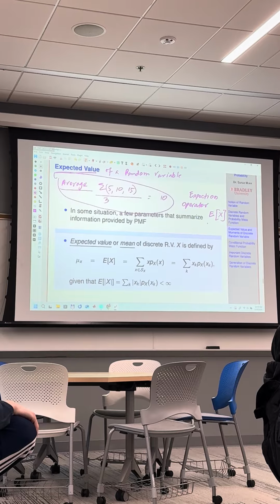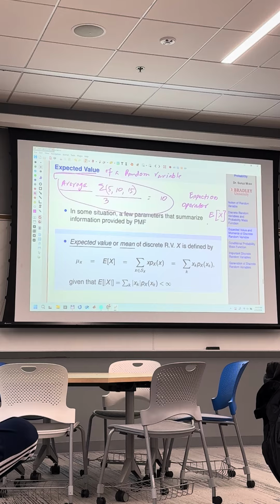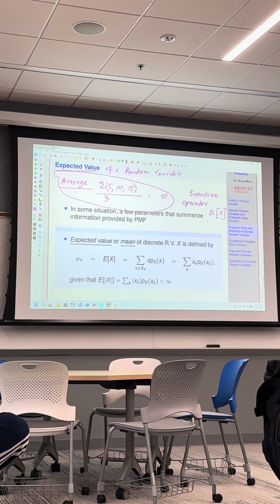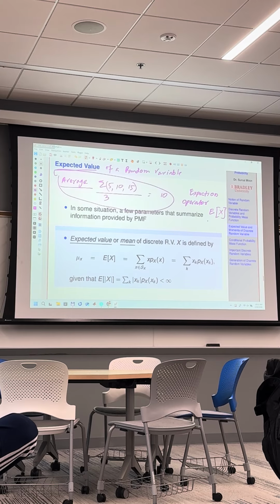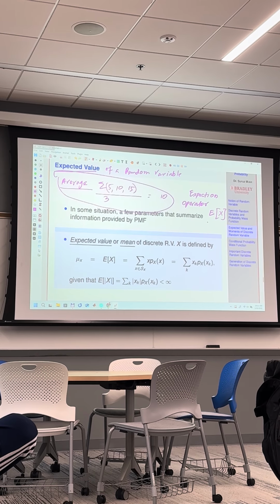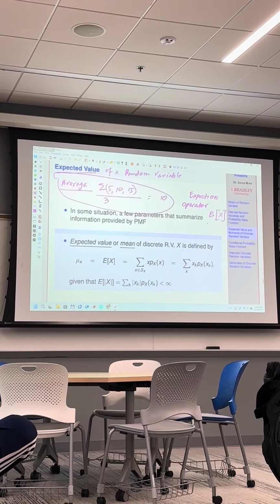This expectation works with probabilities, which means that you don't work with sample data, you work with infinitely many random experiments.